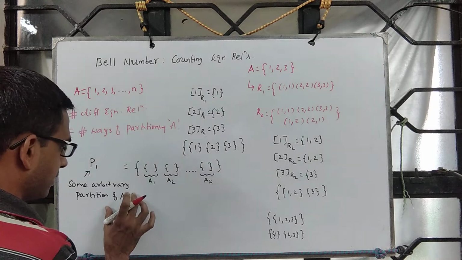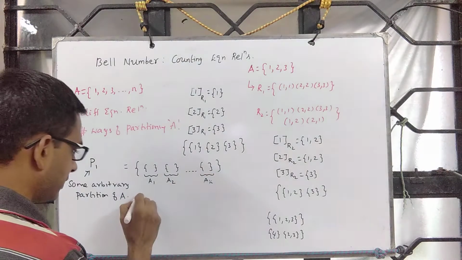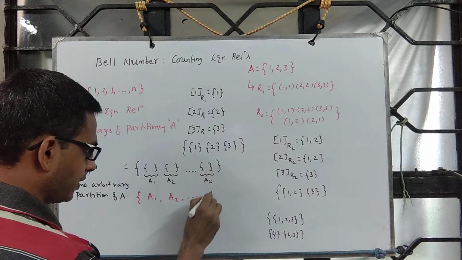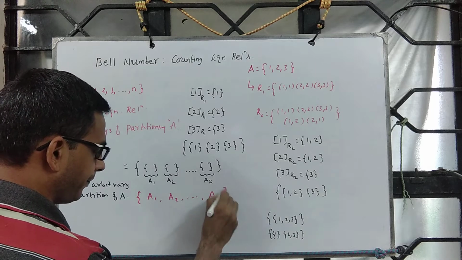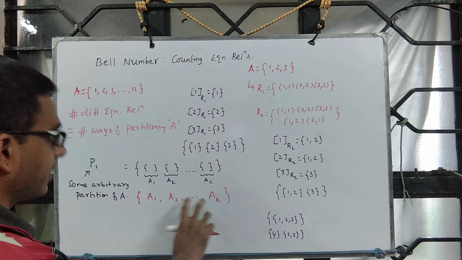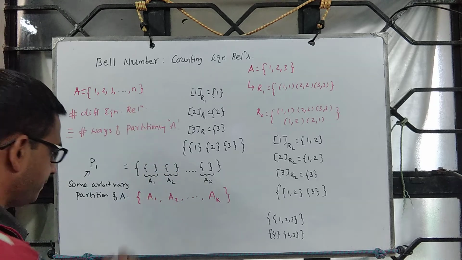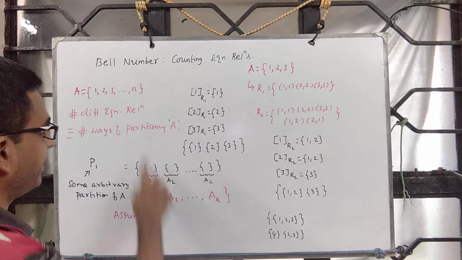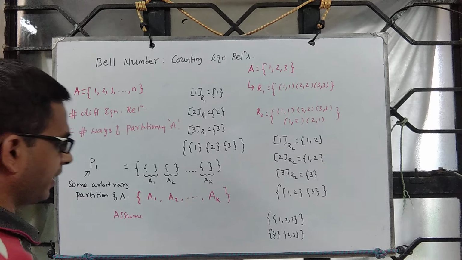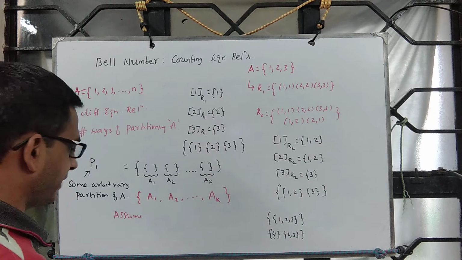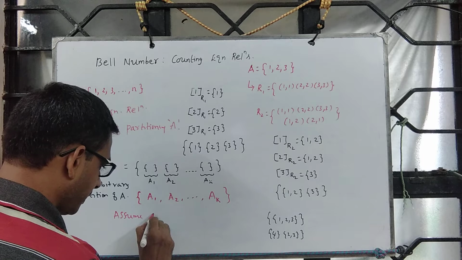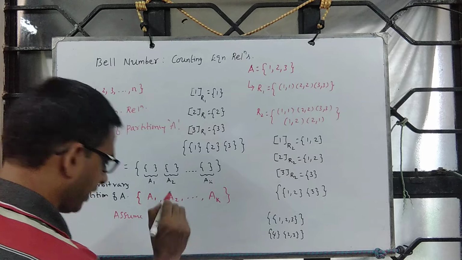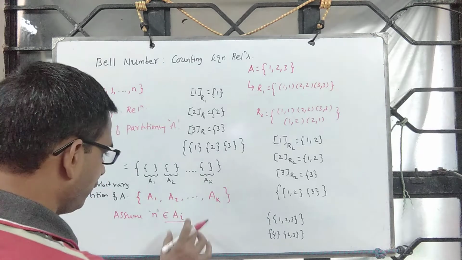If you look at this arbitrary partition, somewhere you have A1, you have A2 and say Ak. Somewhere the element n appears. Because it's a partition, one cannot leave any element of A out. So assume n belongs to some subset, say Ai. You focus on Ai.